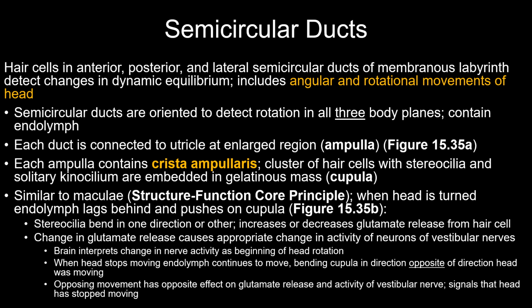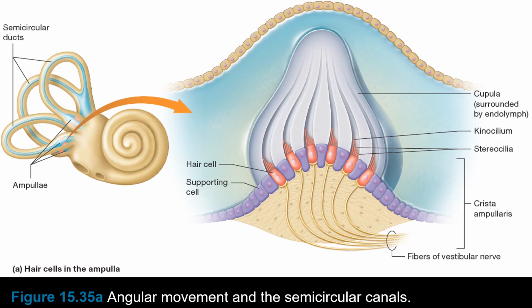So again, this is just inertial movement. An object at rest tends to stay at rest, an object in motion tends to stay in motion. And here you see that cupula is this entire structure here. Embedded in it are the hair cells and the supporting cells, while this entire structure down here is the crista ampullaris.